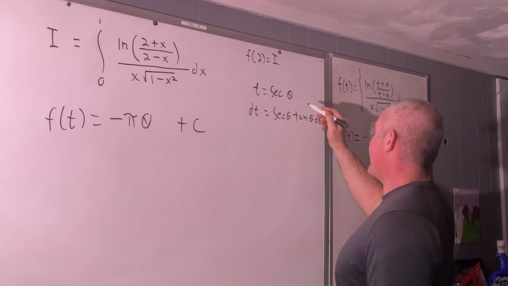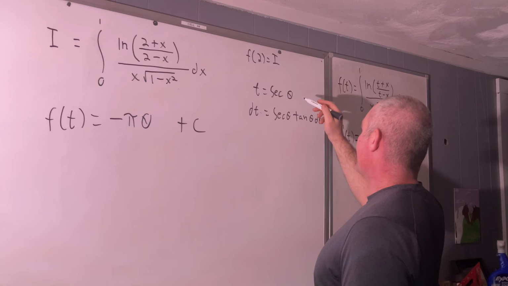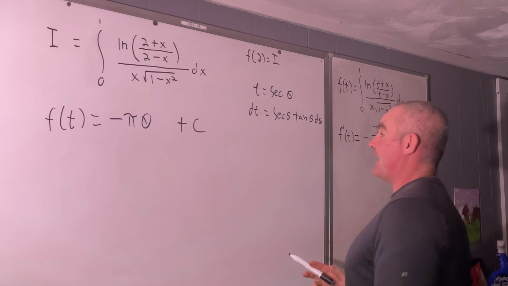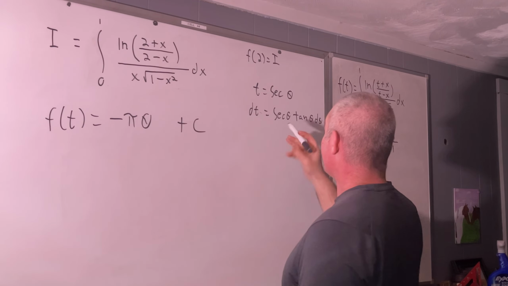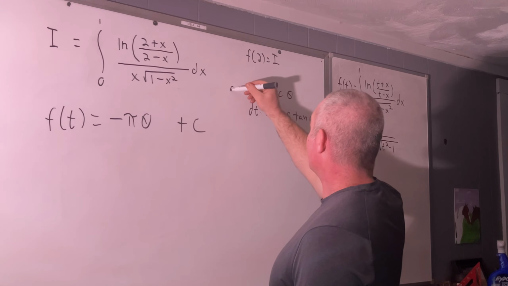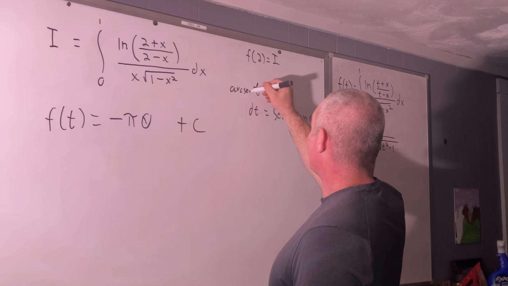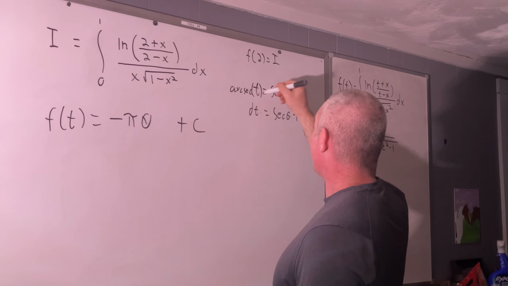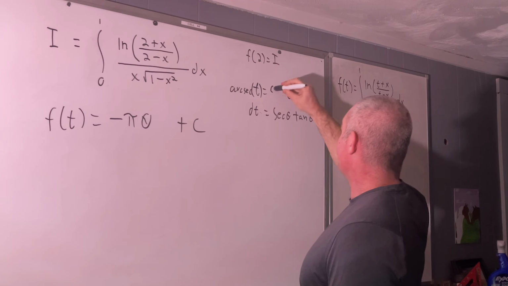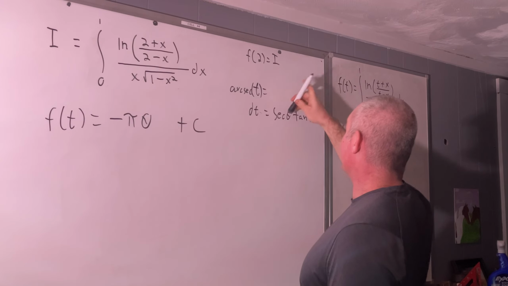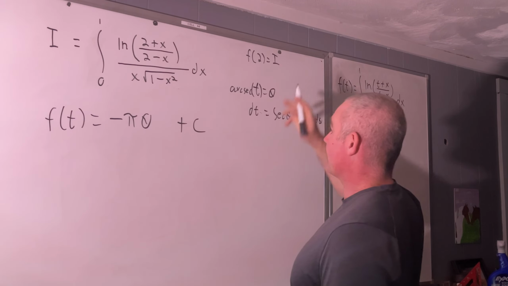Well, what's theta? Theta is the arc secant of t, right? Take arc secant on both sides, and we get this. All right.